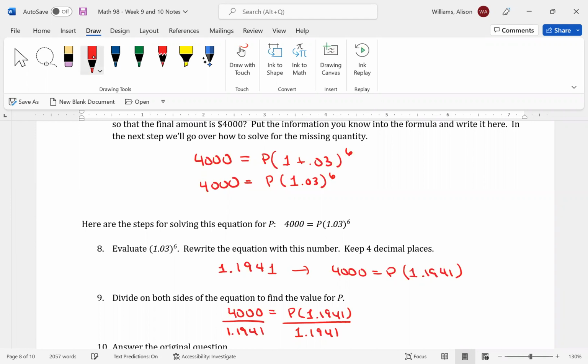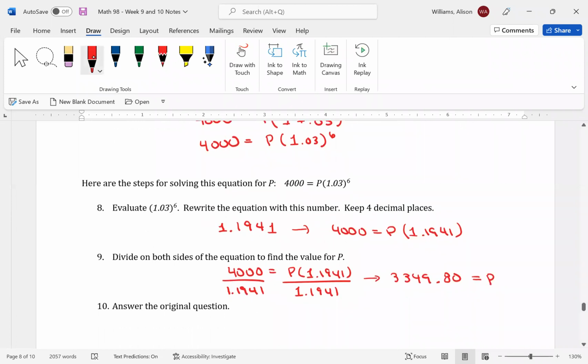So 4,000 divided by 1.1941, I get 3349.80. That's P. That's what I need to invest now.